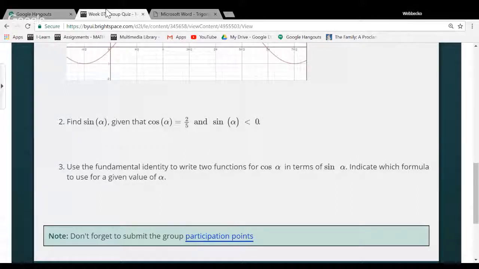I think this question is definitely worded weird. Okay. For a given value of A. Oh, that's interesting.